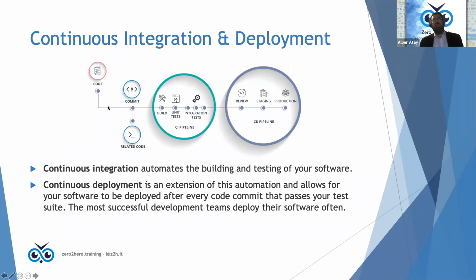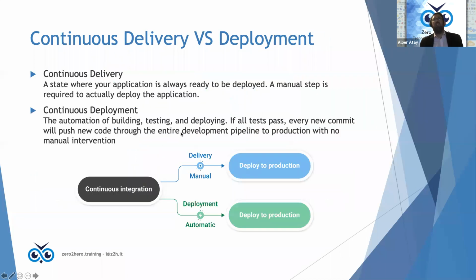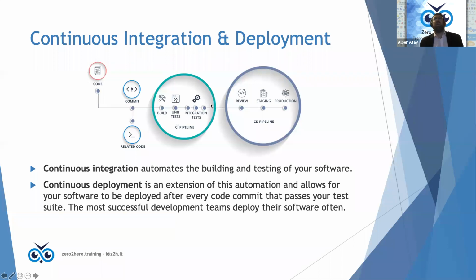So here is our code. When we commit, it also compiles the related code, and then it builds. It runs the unit tests. It runs the integration tests. This is the continuous integration part of it. And then in the next stage, in the continuous deployment part, we are reviewing our code and doing our staging.